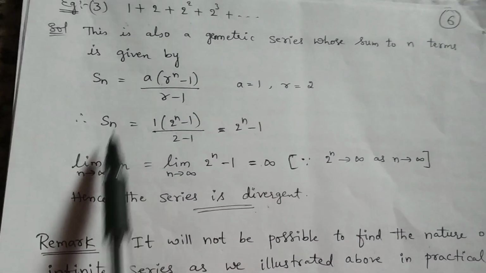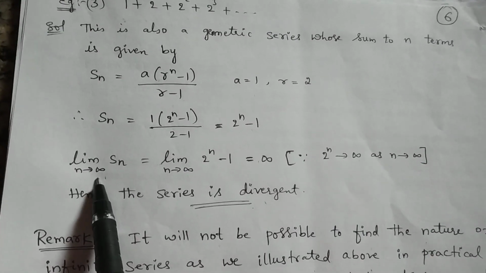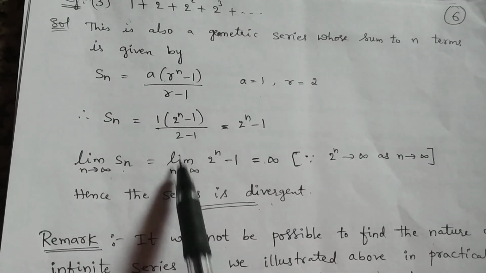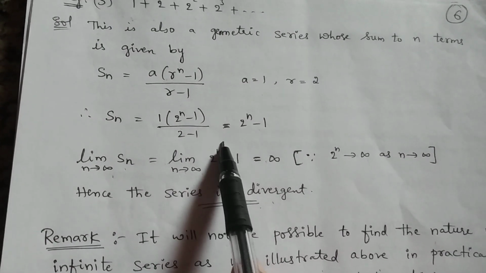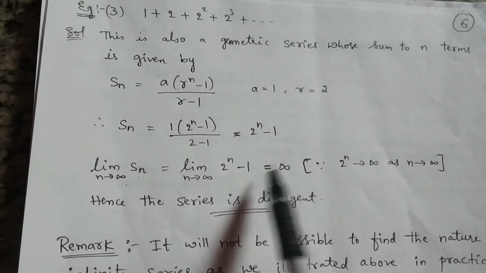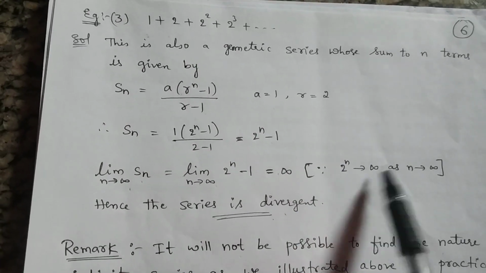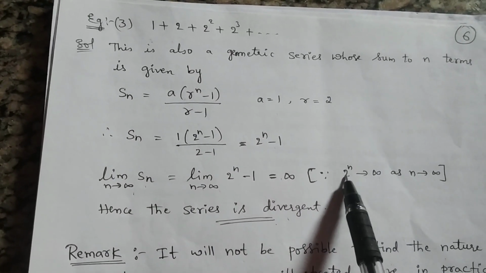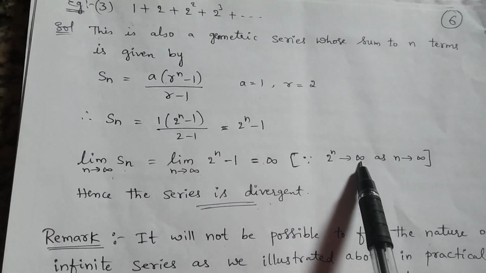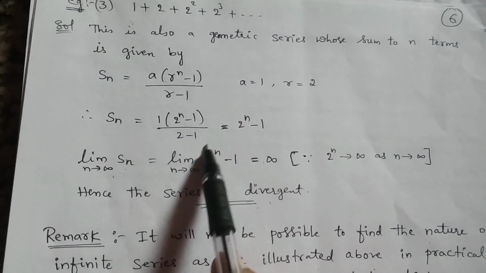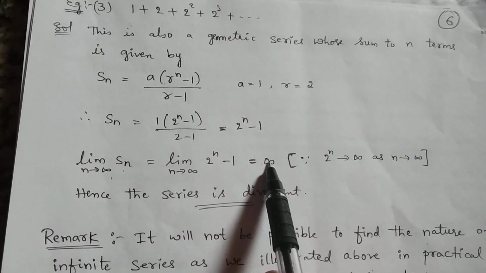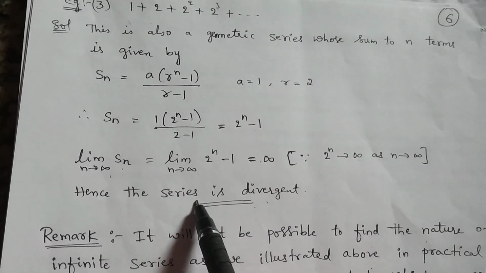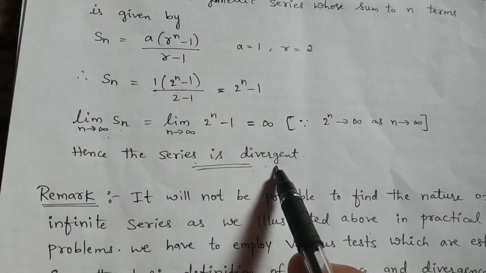After finding Sn, apply the limit as n tends to infinity. 2 power n tends to infinity, therefore you get the final result as infinity. Since we are getting infinity, the series is called divergent.